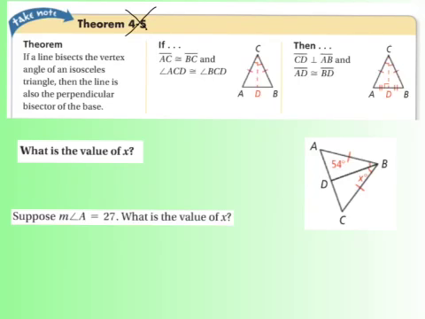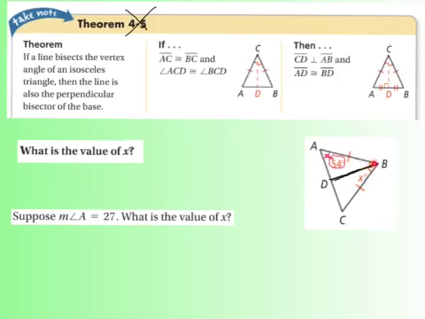So here we have, what is the value of X? To find the value of X, we want to look at this triangle here. 54 is kind of out in the middle. It's actually over here for angle A. And then I know that this line right here, since it bisected my angle up top, and since this is an isosceles triangle because of the markings here, then I know these angles are congruent.